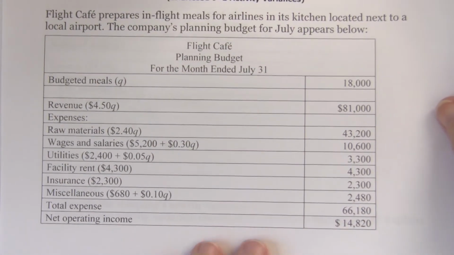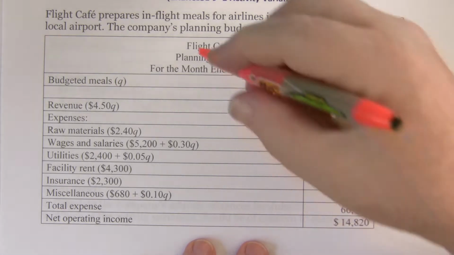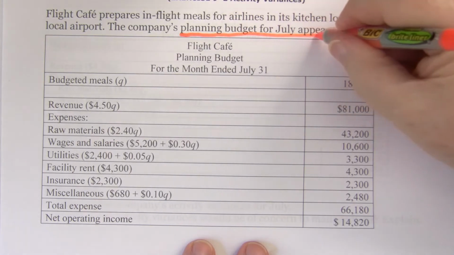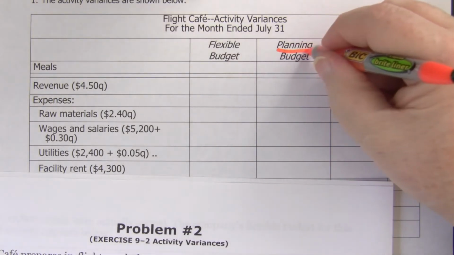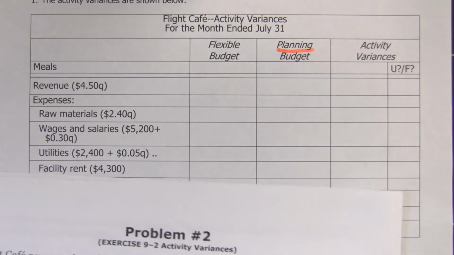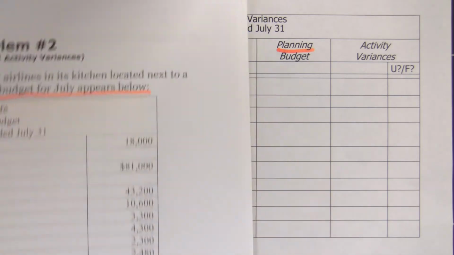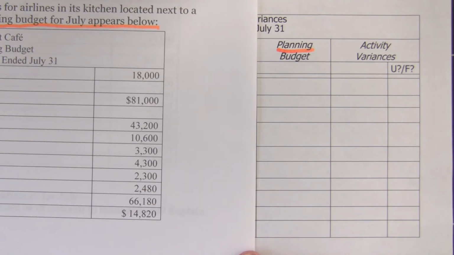The first pieces of information they give us are the planning budget for July, and that's this column. So let's go through and fill in everything from that. We just have to copy it on over.